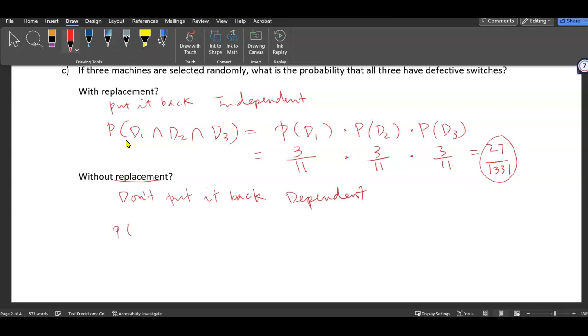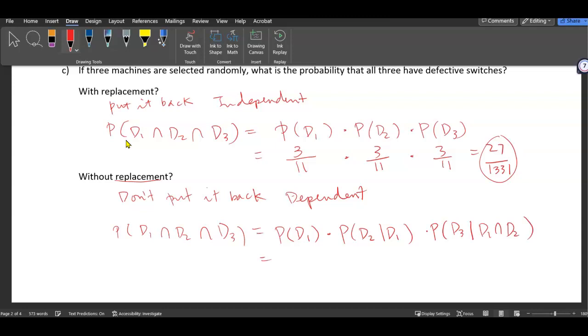So for the probability of defective 1 and defective 2 and the third one also defective, the first one is always the original, so it doesn't get affected because it's the first one. But your second one gets affected by the first one because you don't put it back. And your third one gets affected by the previous 2, right? So your third one is given the first one is defective and the second one is defective, right?